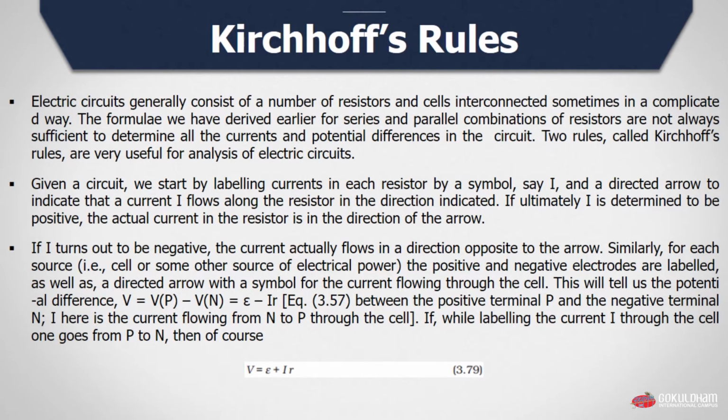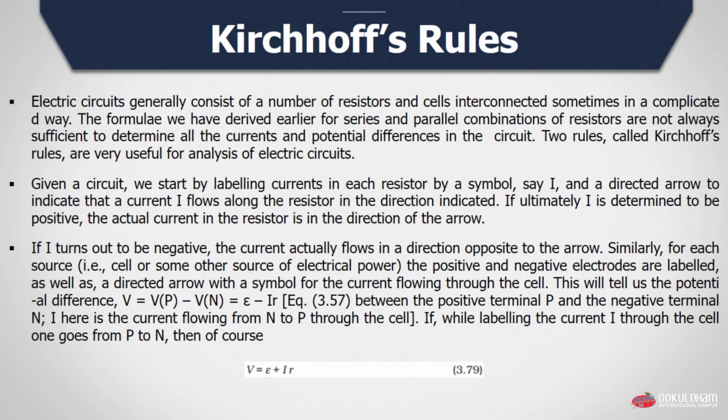If I turns out to be negative, then the current actually flows in the direction opposite to the arrow in the resistor. Similarly, for each source, that is a cell or some other source of electric power, the positive and negative electrodes are labeled as well as a directed arrow with a symbol for the current flowing through the cell.